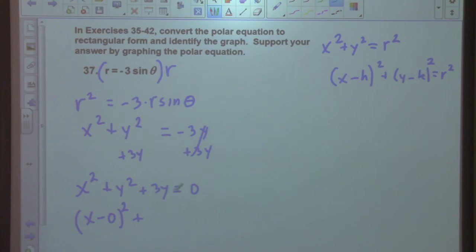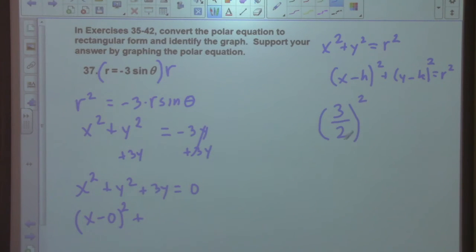And to do that, what are we going to have to add to this y squared plus 3y to construct a perfect square? Yeah, so we're going to take this middle coefficient of 3 and do what with it? Divide it by 2. Okay? And then we're going to take this and square it.